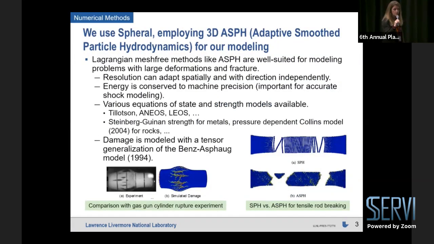We use Spheral, which is an adaptive SPH code. It's open source. All of the simulations you see today will be in 3 dimensions, because for these types of problems, we feel like you really need 3 dimensions to fully understand what's going on. Spheral is a meshless code, which is really wonderful for tracking ejecta accurately, which is what we need for the DART simulations.